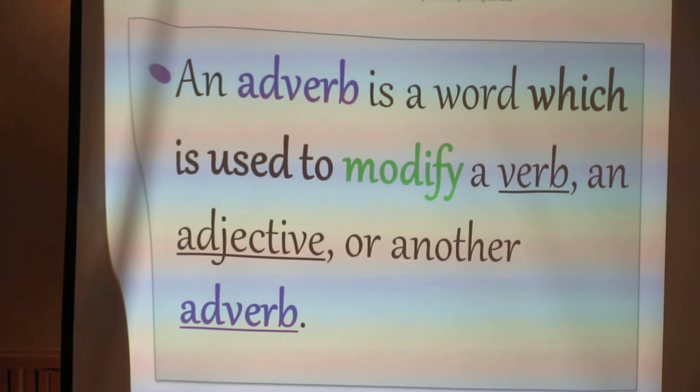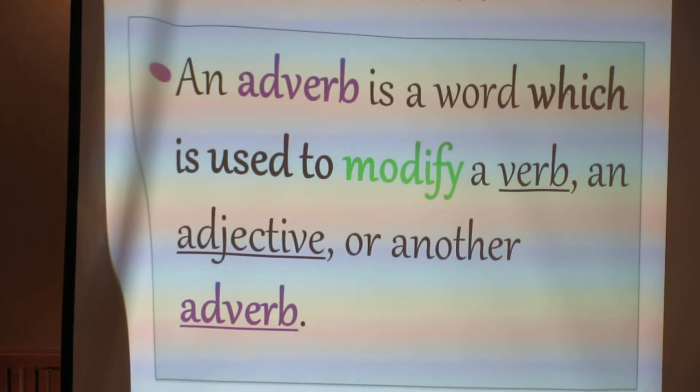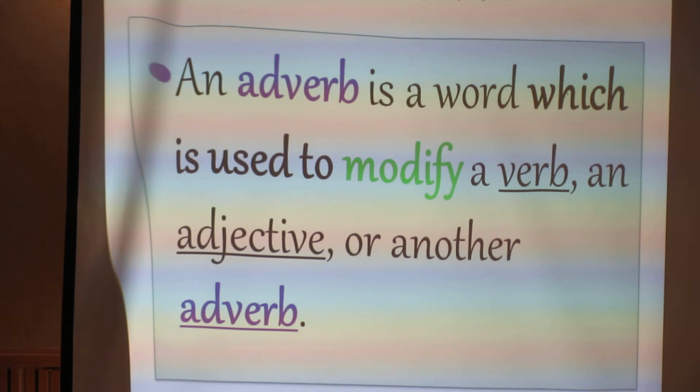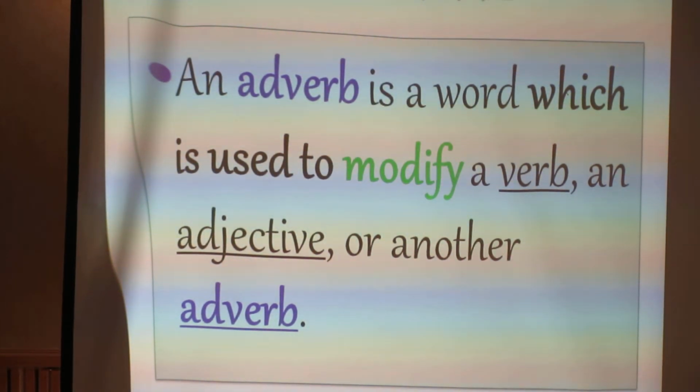So adverb sometimes can be called adjective of the verb. How to describe the verb? Adverb goes with the verb to modify, to describe the verb for the majority. Then it also deals with the adjective, to describe or modulate it. And also an adverb can deal with another adverb.